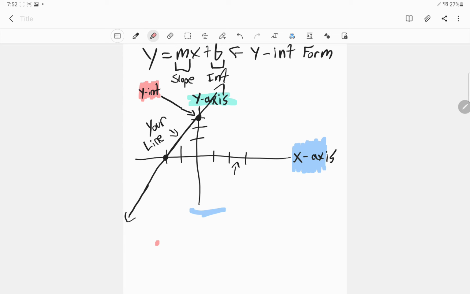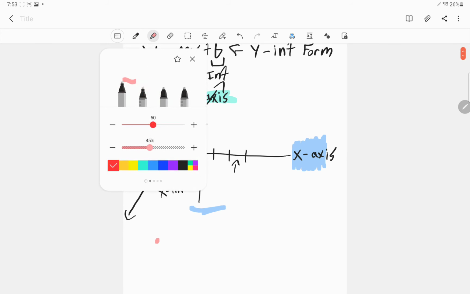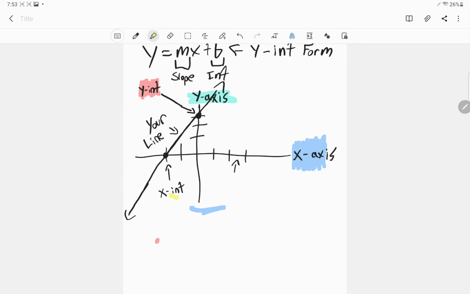That's your y-intercept. Now, if you guessed, your x-intercept is going to be where your line is touching the x-axis. So right here, this one's the x-intercept, and I'm going to color it. Let's use this color.